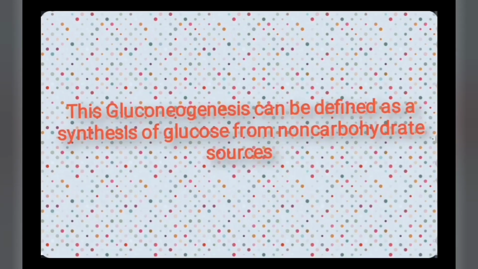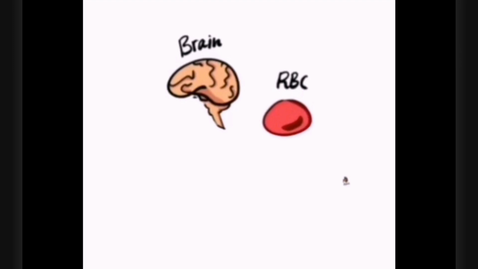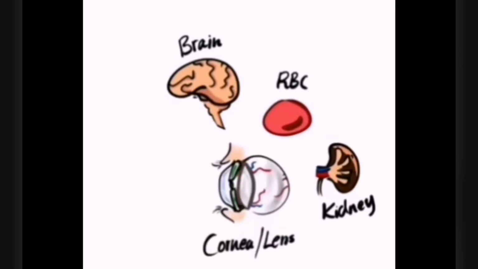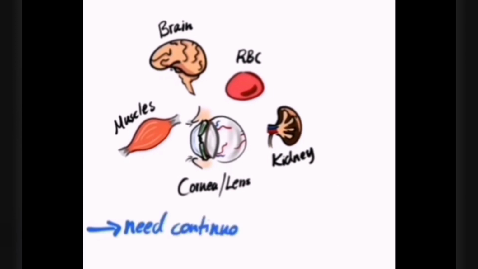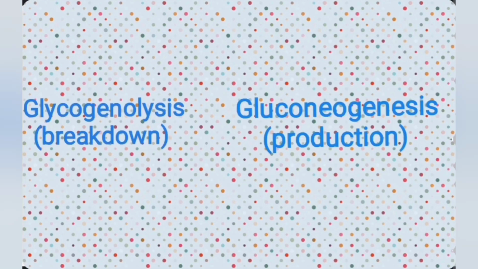This gluconeogenesis can be defined as a synthesis of glucose from non-carbohydrate sources. Our brain, red blood cells, kidney, cornea or lens, and blood cells need a continuous supply of glucose to remain functional. So we have two important processes, glycogenolysis, which is the breakdown, and gluconeogenesis, which is the production of new glucose.